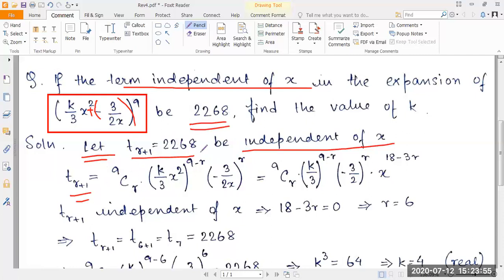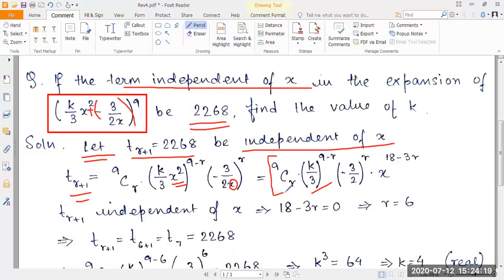Now, since they have told me that this term is independent of x, we simply take out the x parts from this entire expression. So we are left with nCr. If we take out this x part, then we are left with (k by 3) whole to the power 9 minus r. And from this part, if we take out x, we have (minus 3 by 2) whole to the power r.